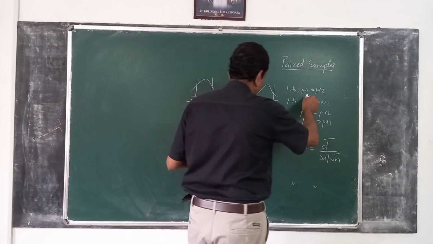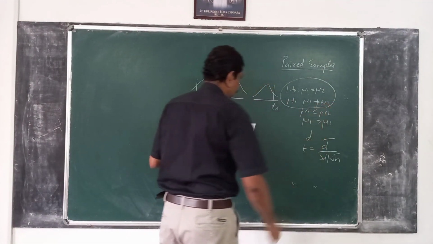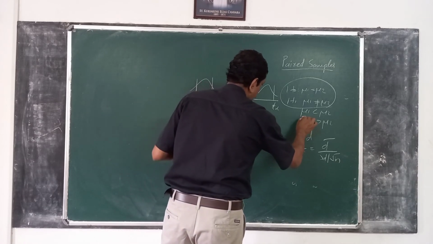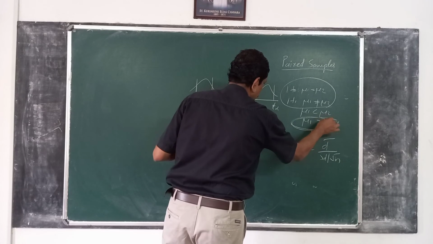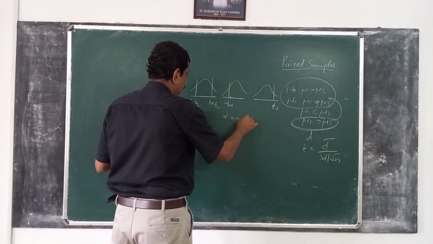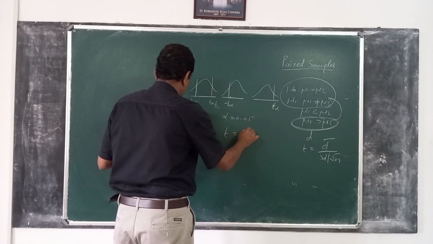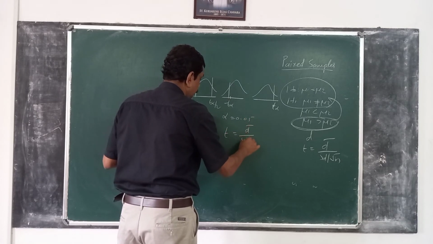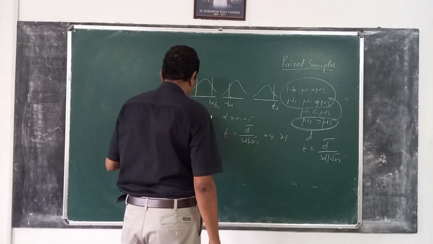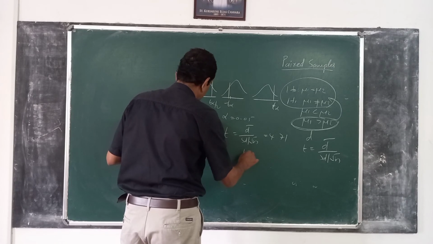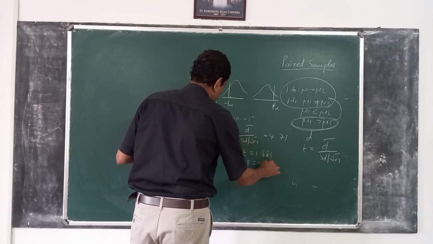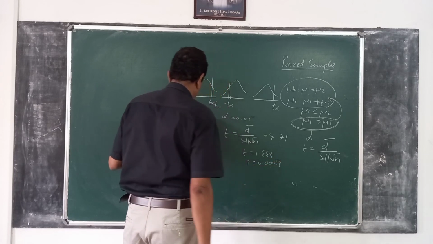In our example, H0: mu1 is equal to mu2, H1: mu1 is greater than mu2. This is our H1. Suppose alpha is 0.05, t equal to d bar by SD by root n is equal to 4.71, the critical t value is 1.883 and p is 0.00053, something like that.